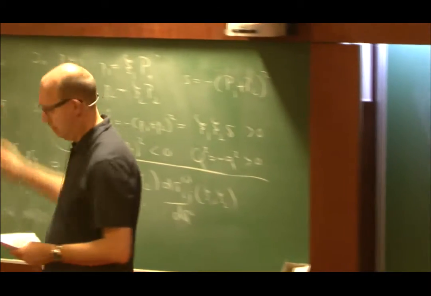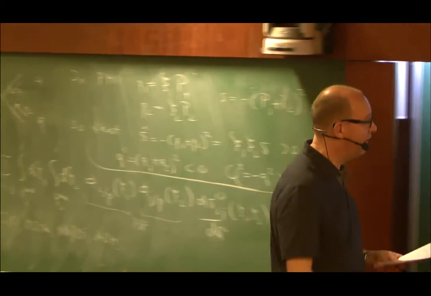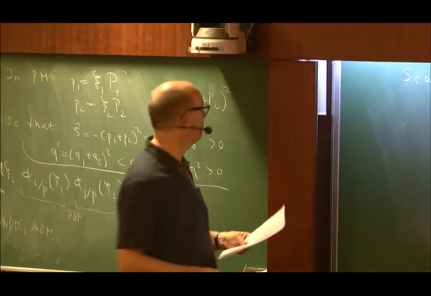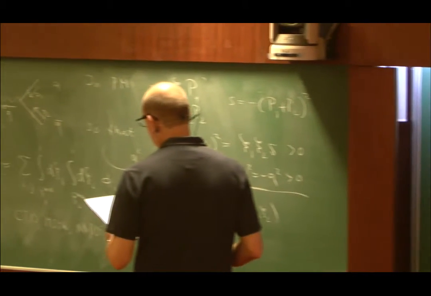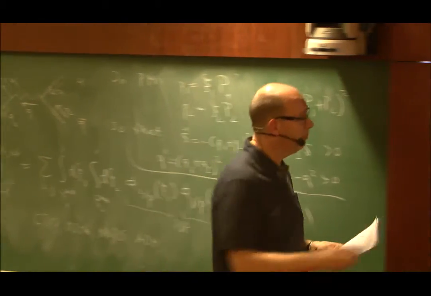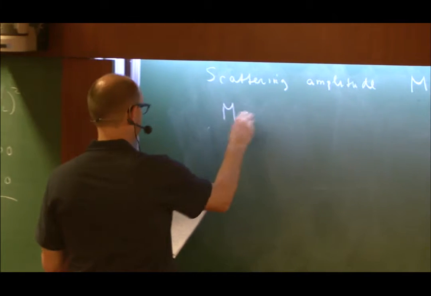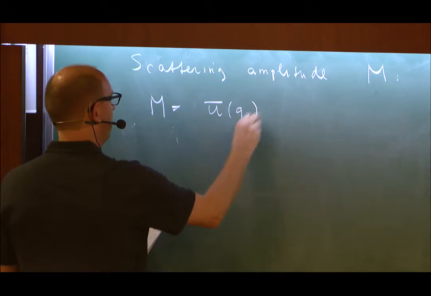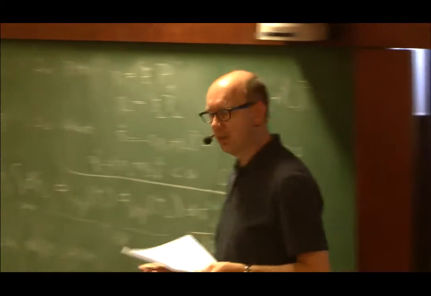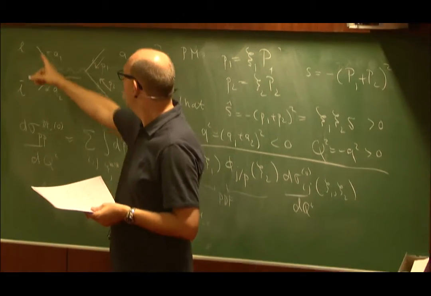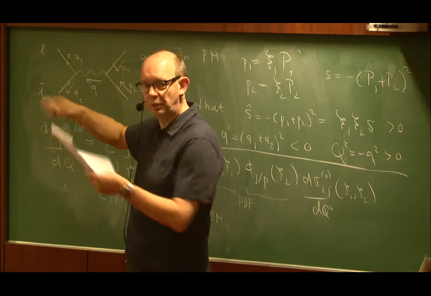So let's just follow the rules and see. It's a game of salmon. You swim upstream. So let's start with the lepton part here. So we write M is ū of momentum Q1. ū, this is also in the appendix of the notes. u for fermions, v's for antifermions. And ū, you start with a row, matrix, matrix, column.